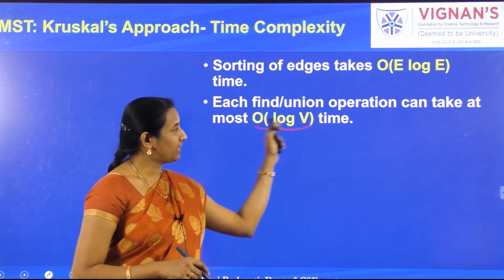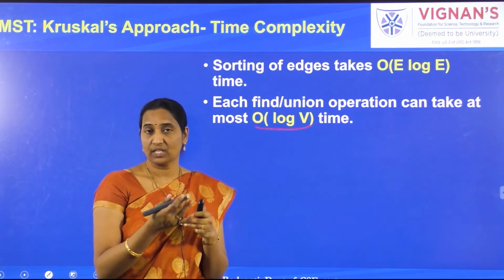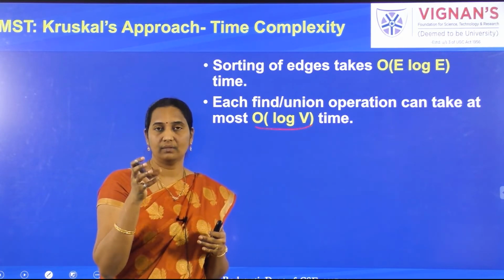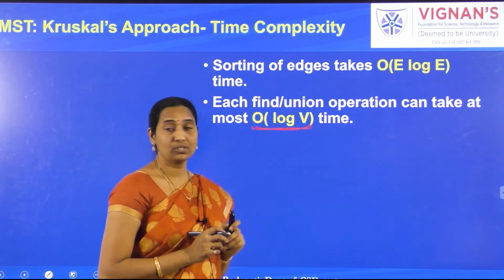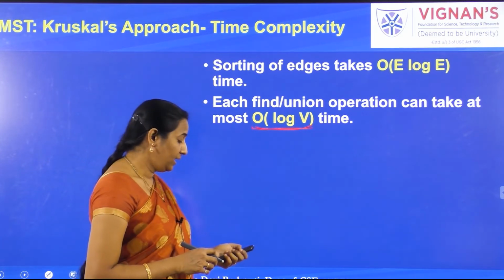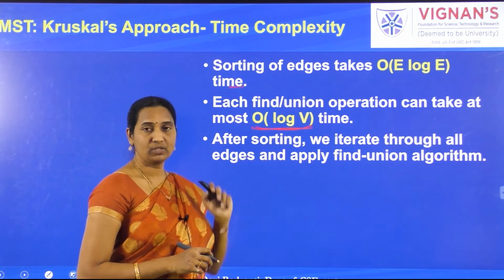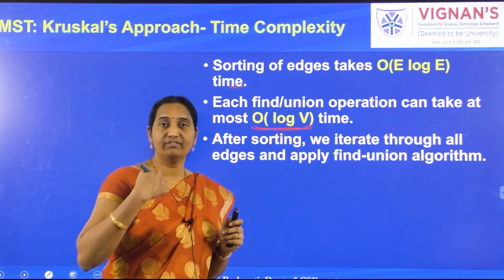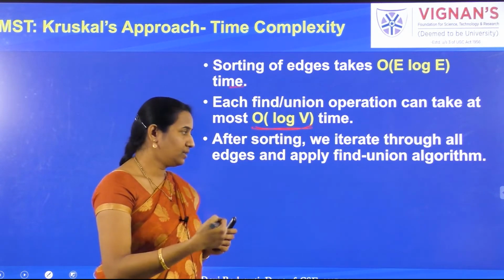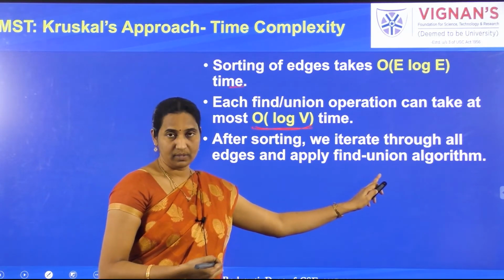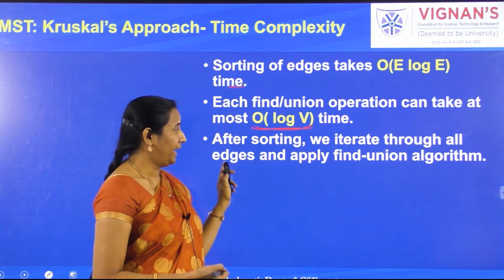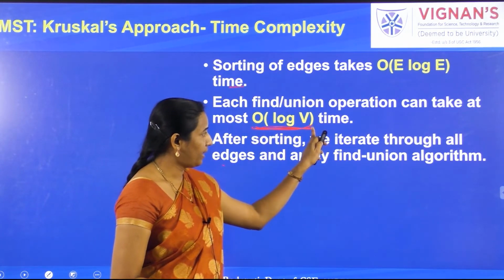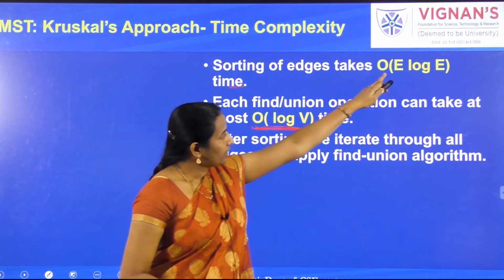And what is this time complexity? We will see in the next class when we discuss the disjoint set union operations. Every union and find operation takes order of log V time. After sorting the list of edges, you are iterating over every edge and applying the union and find algorithms, and for that it takes log V time for every edge.